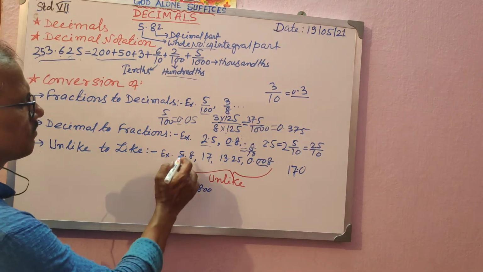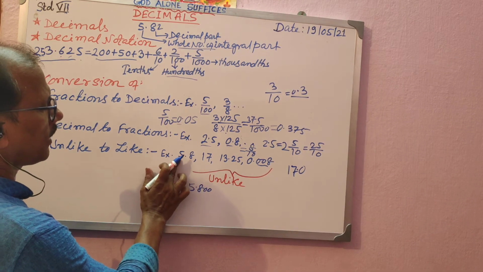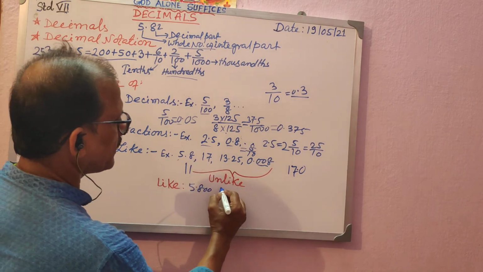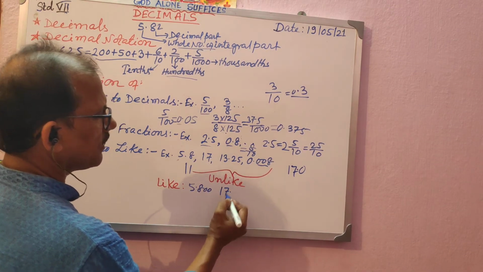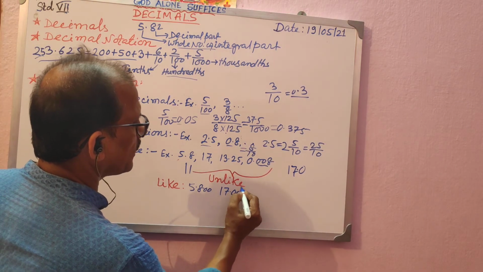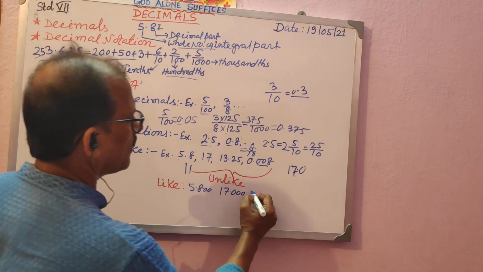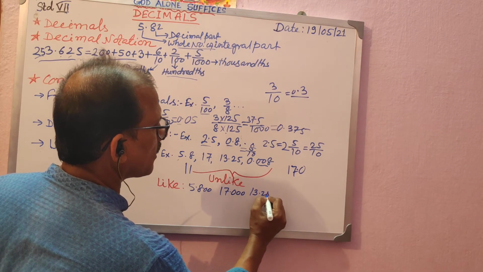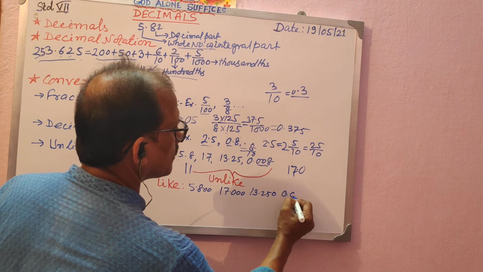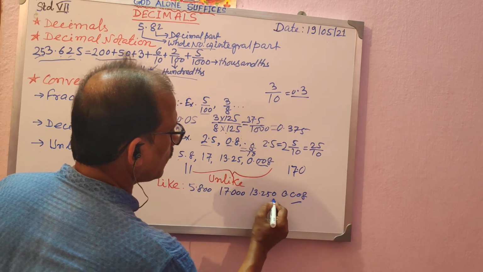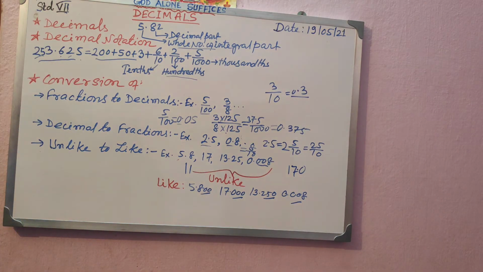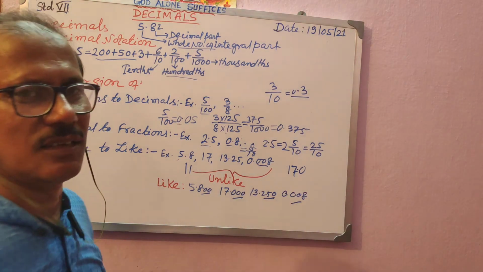The value is the same. This 5.8 is equal to this. The 17 can be written as 17 point, and to the right hand side any number of 0s you can add, 3 decimal digits. Here 13.25 is there, so you add a 0. And there it is already there. Now all the places have 3 decimal digits. Therefore, they are like decimals.